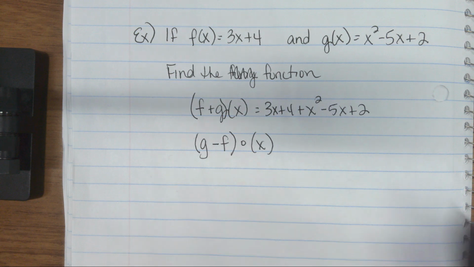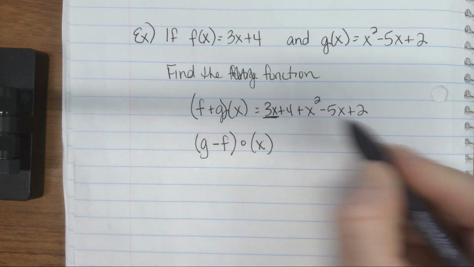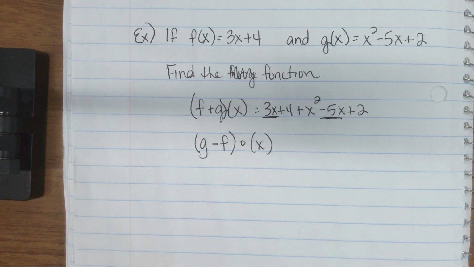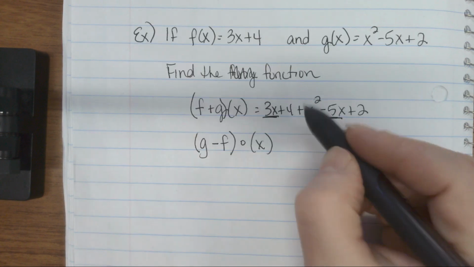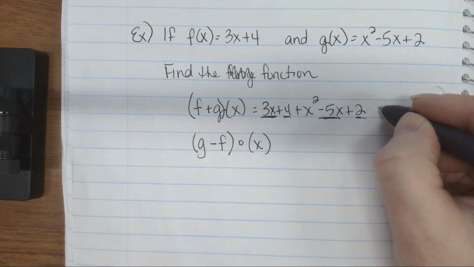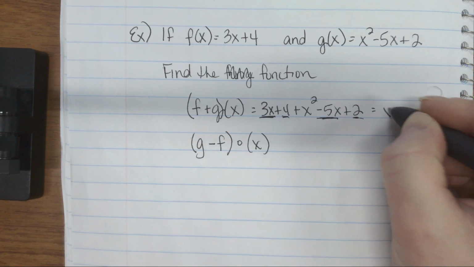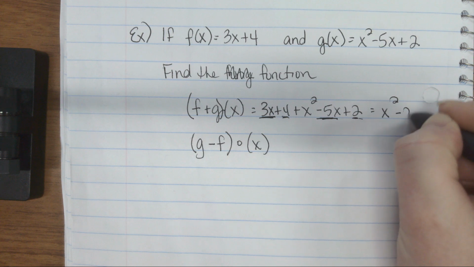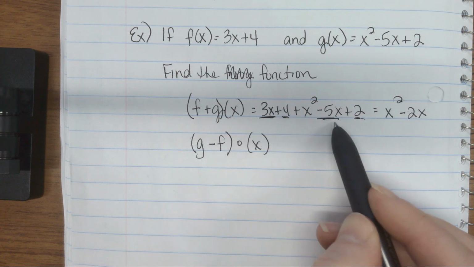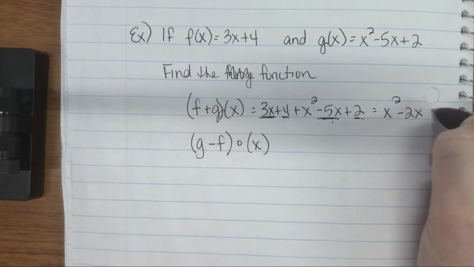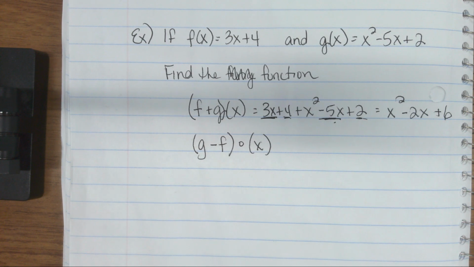I can put this 3x minus 5x together, and this 4 and 2 together, and that would leave me with x squared minus 2x, because 3x minus 5x is negative 2x, plus 6 is my new function for f plus g of x.